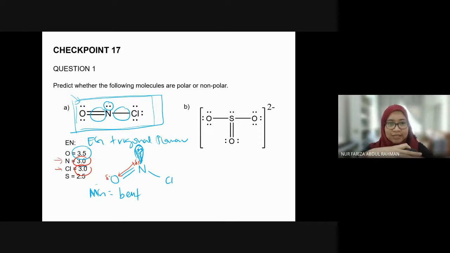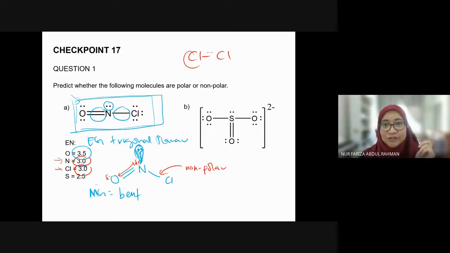It means the electrons are not attracted towards Cl or nitrogen, so there is no dipole moment. The bond is non-polar because they have the same electronegativity. Like Cl with Cl, this is also non-polar.